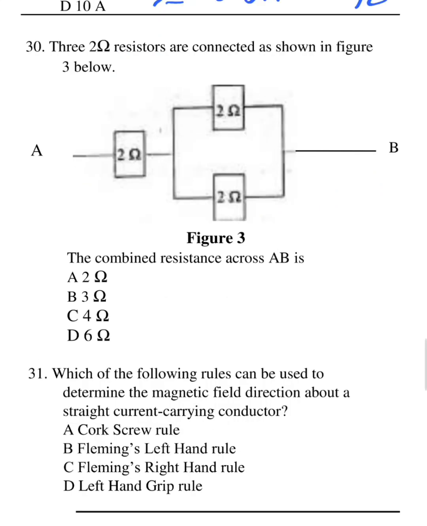In number 30, three 2-ohm resistors are connected as shown in figure 3 below. So we have between points A and B a 2-ohm resistor which is in series with two others that are in parallel.